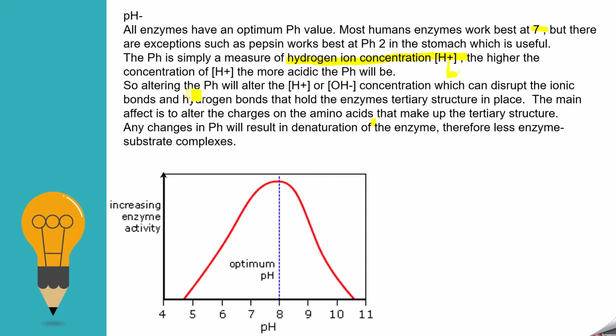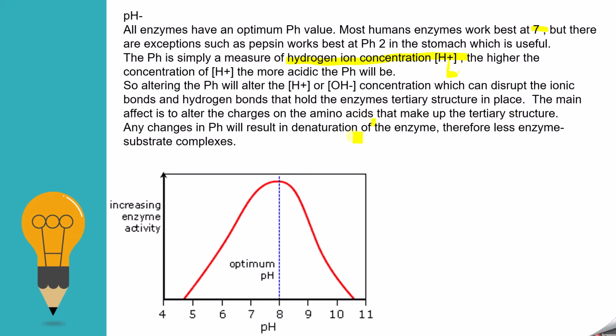Altering the pH will alter the hydrogen ion or the hydroxide ion concentration, which can disrupt the ionic bonds and hydrogen bonds that hold enzyme tertiary structures in place. The main effect is to alter the charges on the amino acids that make up the tertiary structure.